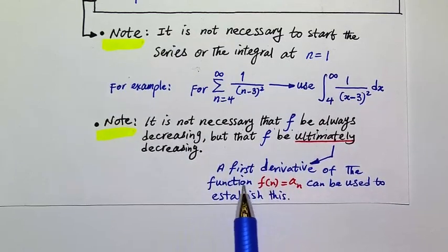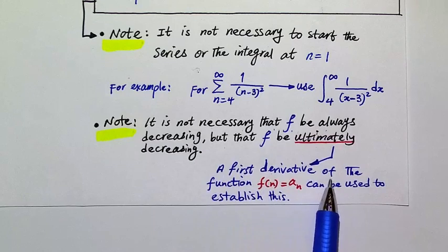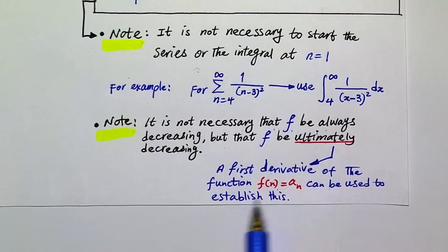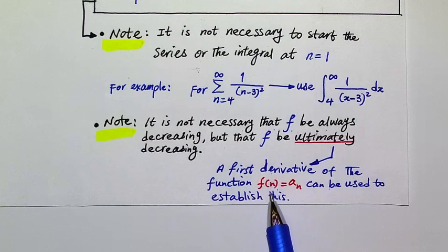And here at the bottom, a significant note here is that sometimes, this is not always the case, but sometimes a first derivative of the function can be used to establish this. Once we replace n with x, we have the function f of x. If you take the derivative of that, it'll tell us, right?